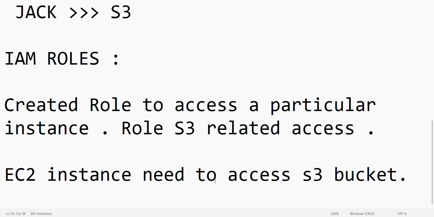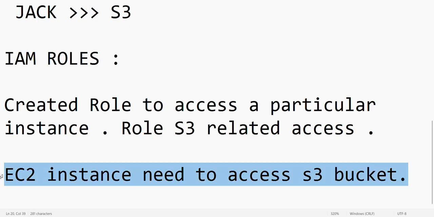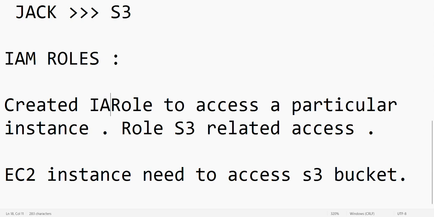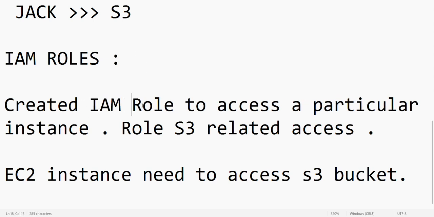Here the EC2 instance is one resource, and the S3 bucket is another resource in AWS. So for one resource to access another resource in AWS, we create an IAM role. This is exactly it. I hope you understood clearly.